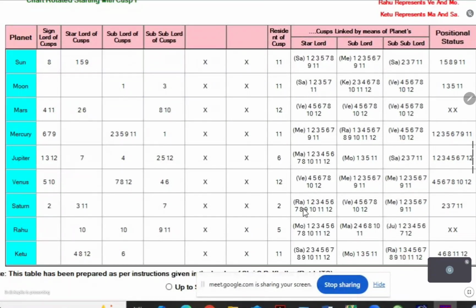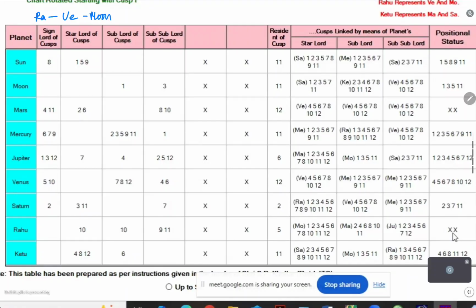See, look here. We are talking about Rahu. You can have a copy and pencil and write it down. Rahu here is representing Venus and Moon. So we will first of all see Rahu with PS. Rahu here does not have a PS, right?